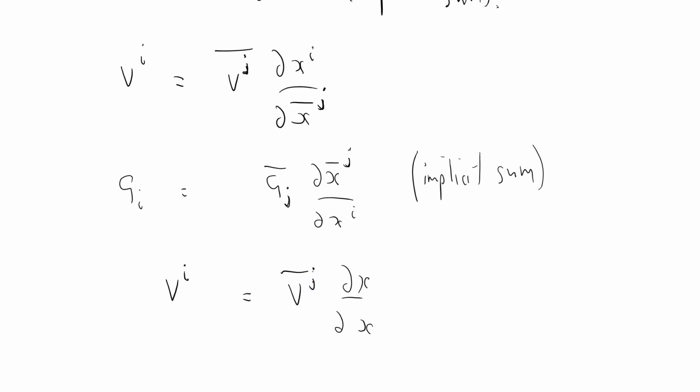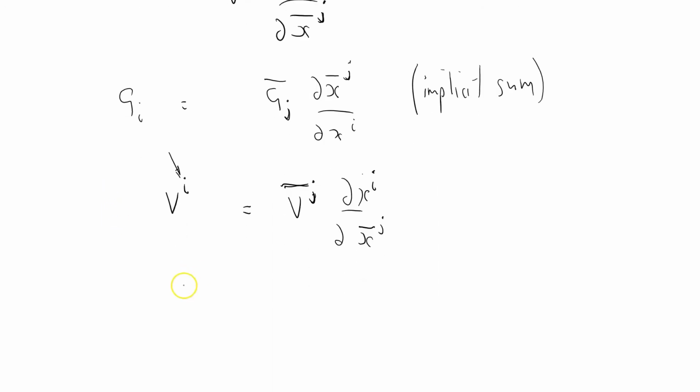That j has to be summed over something downstairs, so it's j there. That j is associated with the barred coordinate system, so that x must be an x bar. And now we need to tell the right-hand side that we've got this i index in the up position, so that must be i. That i is equal to that i there, and you can just read it off from both those positions.